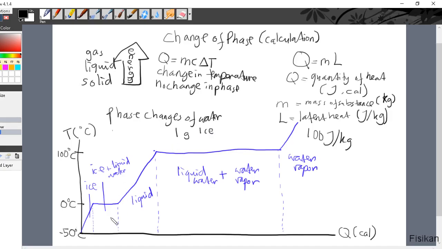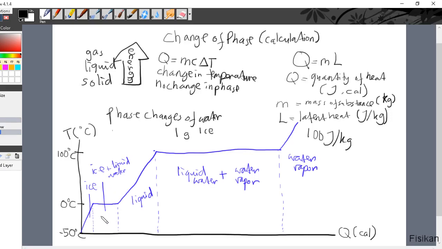After the ice starts to change its phase in this stage, this is where you need the formula Q equals ml, because in this stage there is no change in temperature. The line is just flat. There's no increase in temperature at all. So in this stage you need this formula.